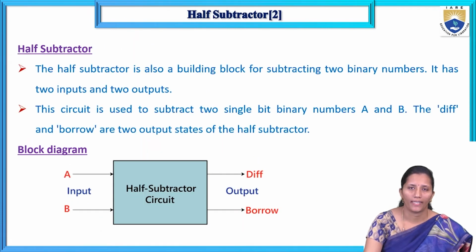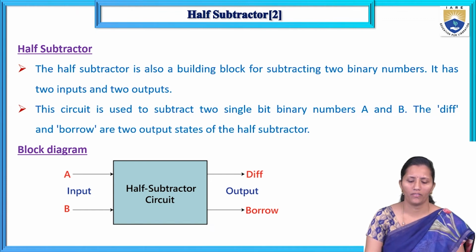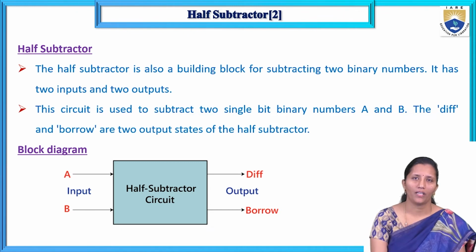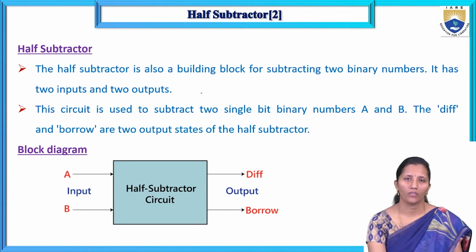So, half subtractor. A subtractor is used to find the difference between any two numbers. Here the half subtractor is a basic building block to subtract two binary numbers. It has two inputs and two outputs. The circuit is used to subtract two single-bit binary numbers.